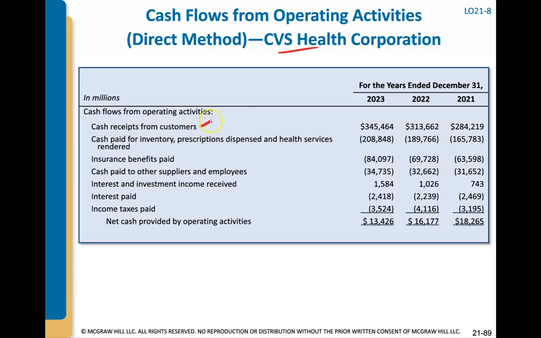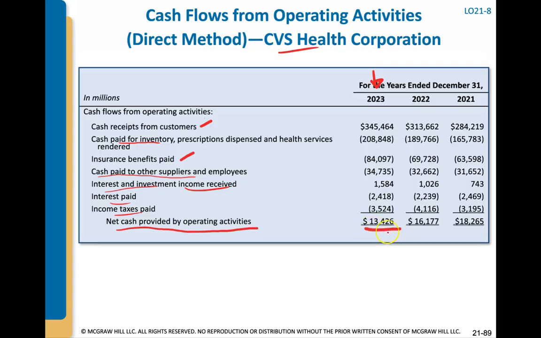So you can see the cash receipts from customers, cash paid for inventory, insurance benefits paid, cash paid to other suppliers, investment income received, interest paid, income taxes paid. And then they have their net cash provided by operating activities. They list it for 3 years. Let's just look at this 2023 column at the very end.